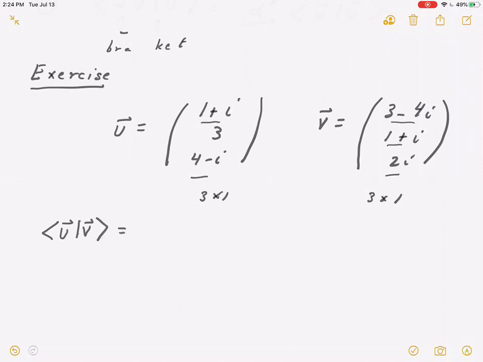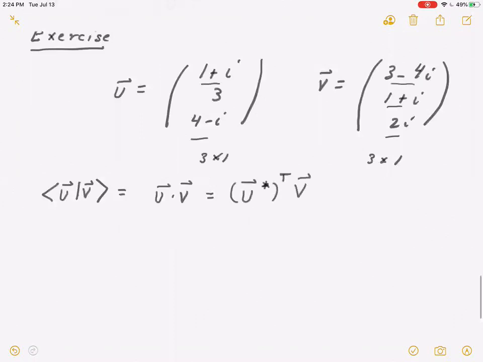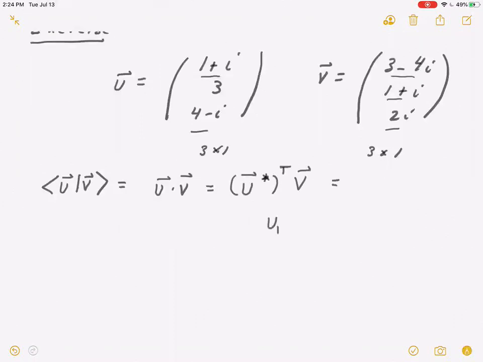Well, it is U dotted into V. And as we've seen, what you have to do is complex conjugate all the terms in U to ensure that your complex vectors all have real norms, and then transpose that result and use matrix multiplication to multiply it by V. This is identical to taking all the components, U sub 1, U sub 2, U sub 3, taking their complex conjugates and multiplying them by V sub 1, V sub 2, and V sub 3, respectively.